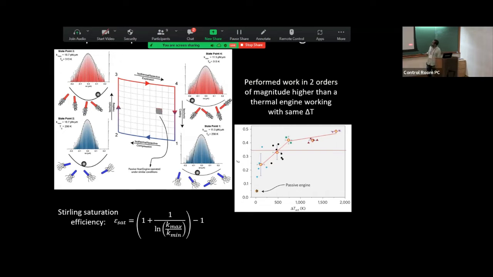And of course, if you see the efficiency, you see that the efficiency for these active engines for many temperature differences is much higher than the thermal ones. And for certain temperature differences, it exceeds the Stirling saturation efficiency. So this is just the distribution of the position of the particle.